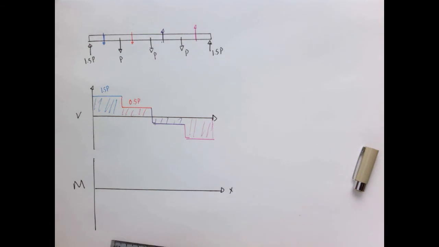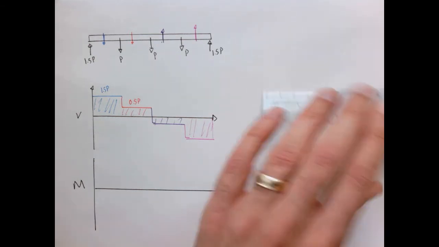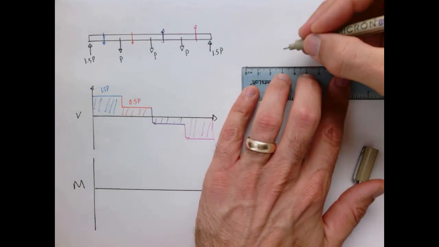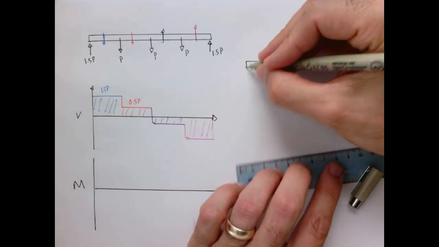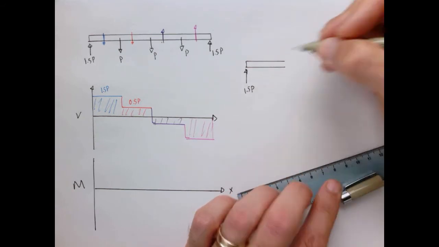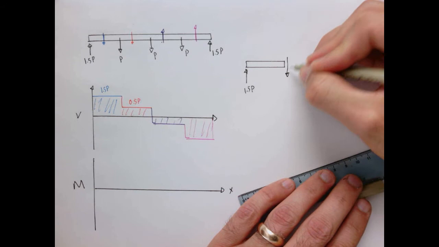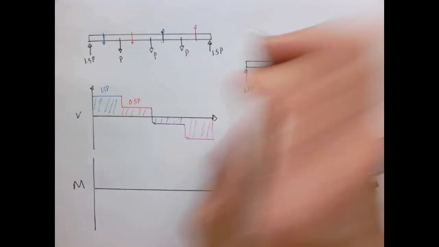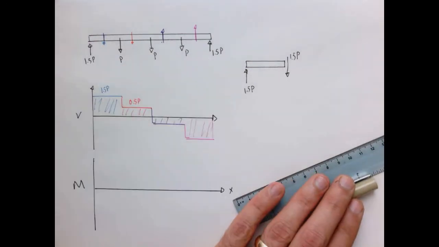So if we look at the last one, by analogy, we should be able to do that, right? Because if I look at just this first little section of the beam here, I've got 1.5 P going up, I've got 1.5 P going down. So this is the section right here at the very beginning.